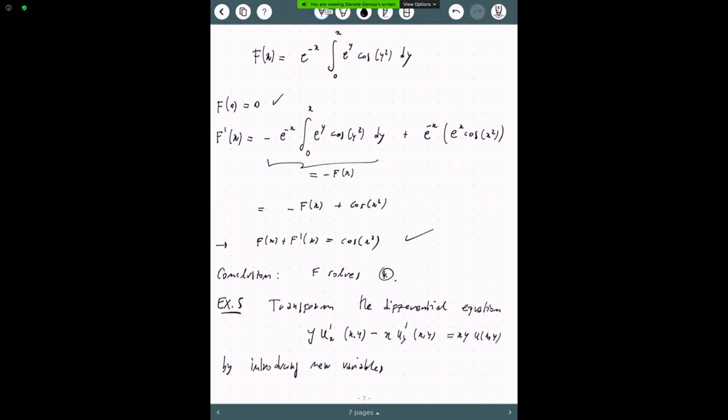The variables are x squared plus y squared equal to s and t equal to e to the minus x squared divided by 2. And then we want to determine a general solution to this differential equation. Determine the general solution.